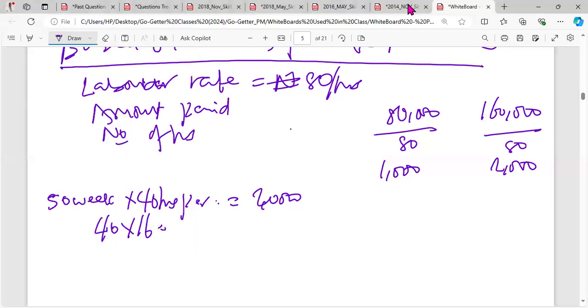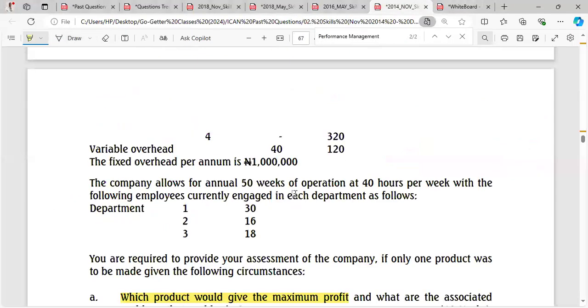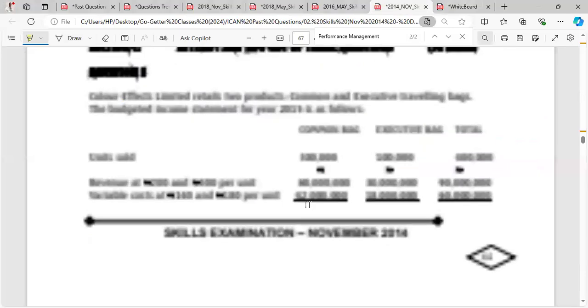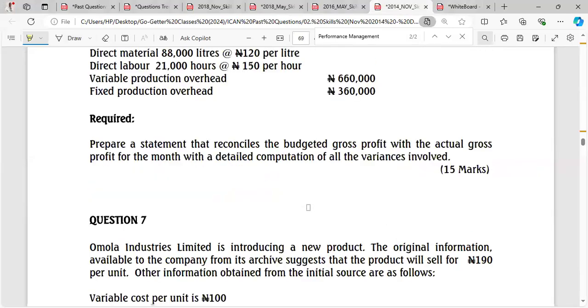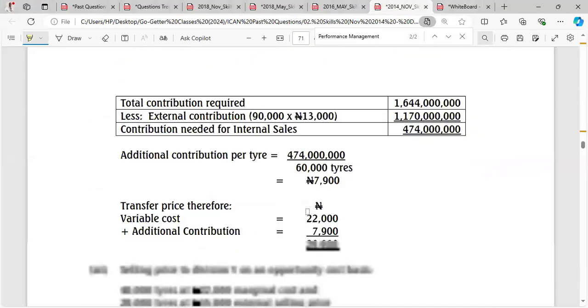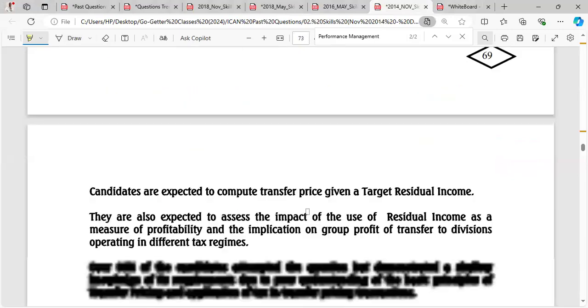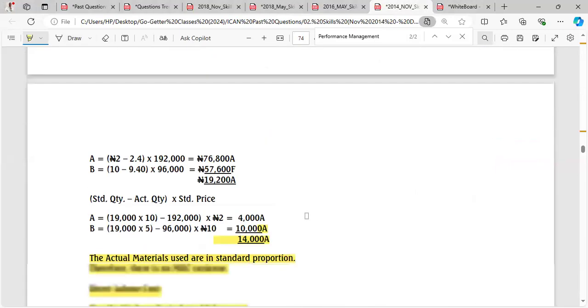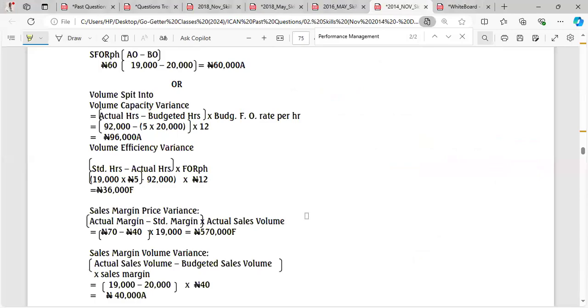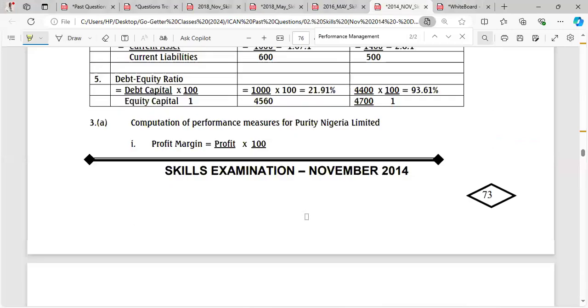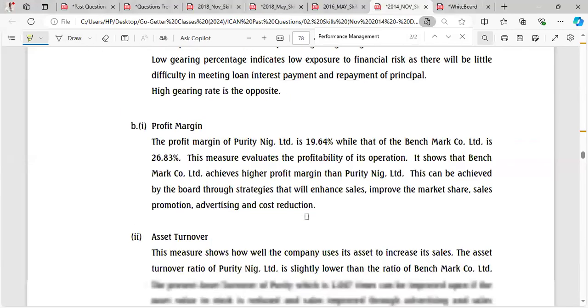Okay, let's see how this was solved by ICAN. Let's borrow a leaf from that. Let's see if I can explain their solution.